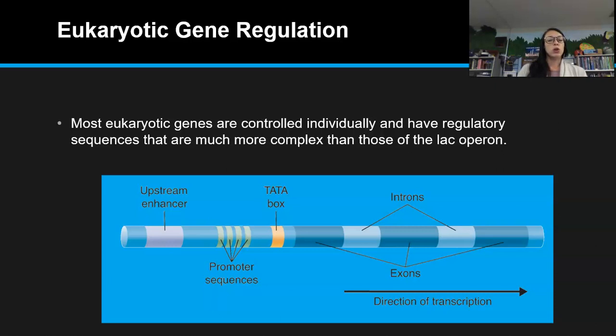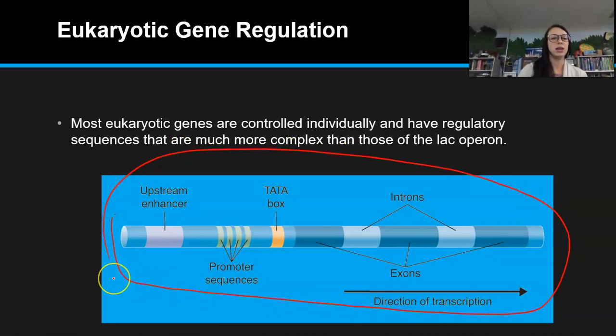One of those is what we call a TATA box, so we'll talk about it in a little bit. Here is another sequence of genes. We've got an enhancer right here, promoter sequences, a TATA box, and introns and exons. Remember that introns get cut out in mRNA processing before they become mRNA.